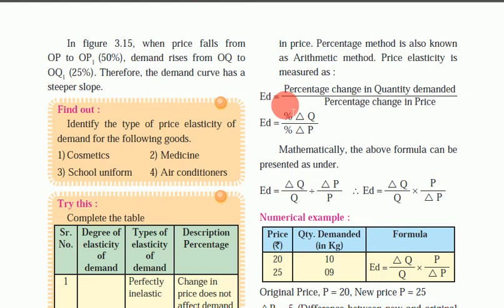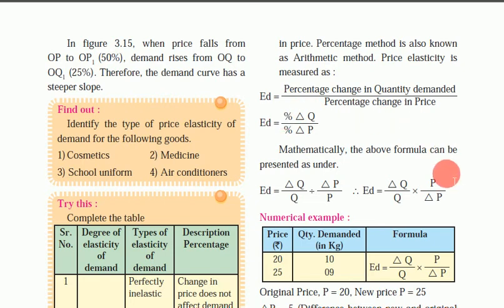This is the formula for calculating the price elasticity of demand: percentage change in quantity demanded upon percentage change in price. By dividing the percentage change in quantity demanded by the percentage change in price, we can easily measure the elasticity of demand.